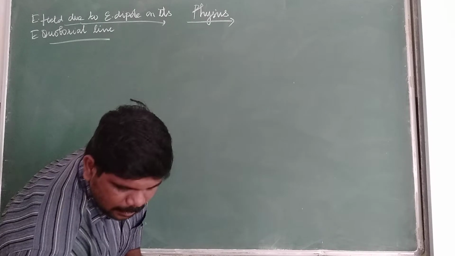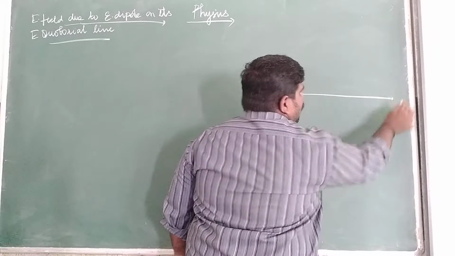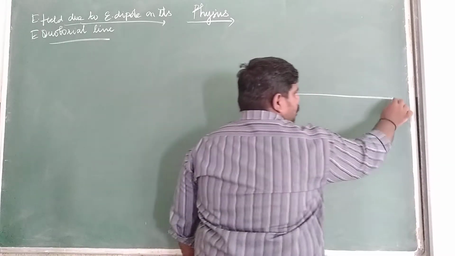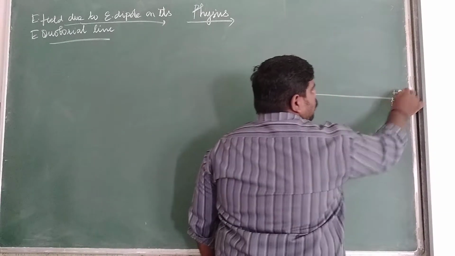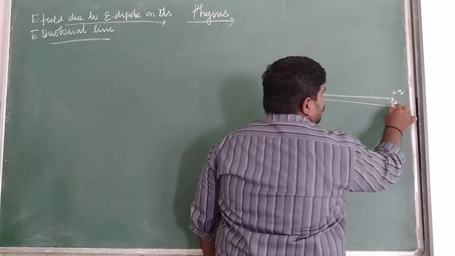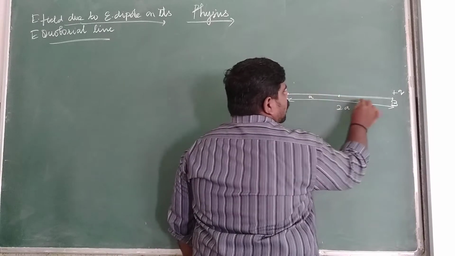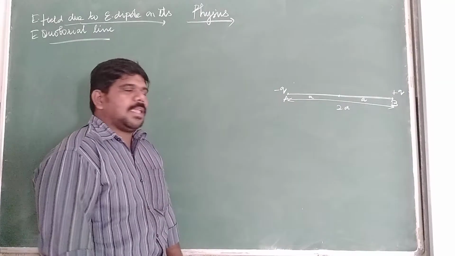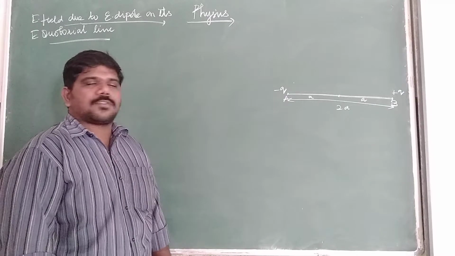Consider an electric dipole AB having charges minus q and plus q separated by a distance 2a.